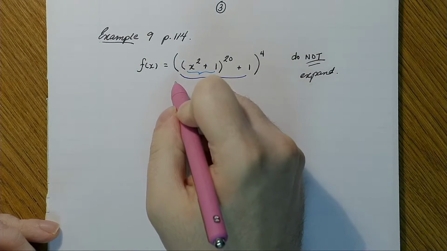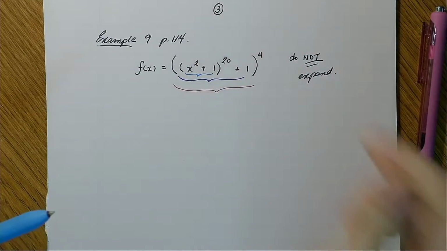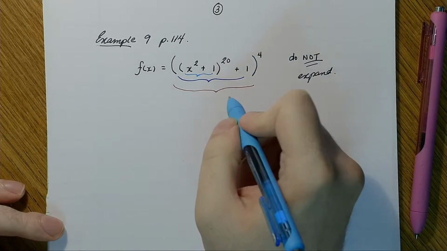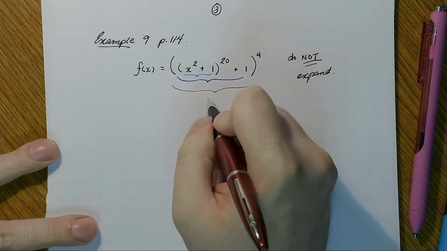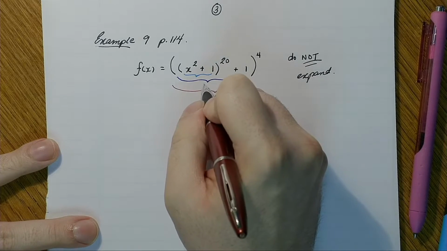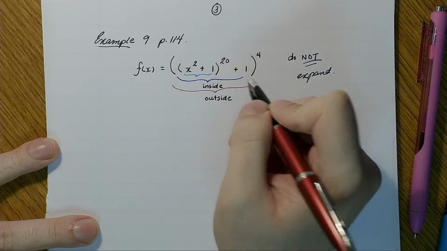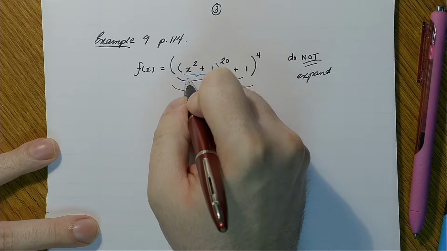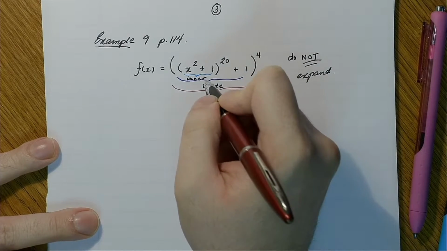Let's try that. So there's 3 functions: an outside function, an inside function, and a really inside function, which we'll call inner. So there's outside, inside, inner.